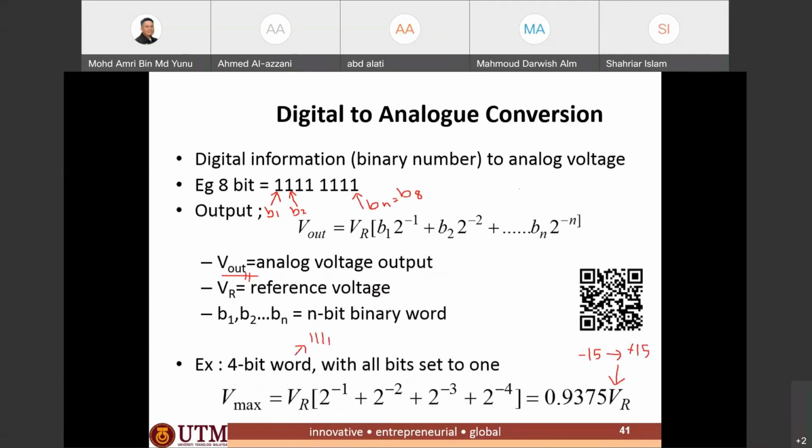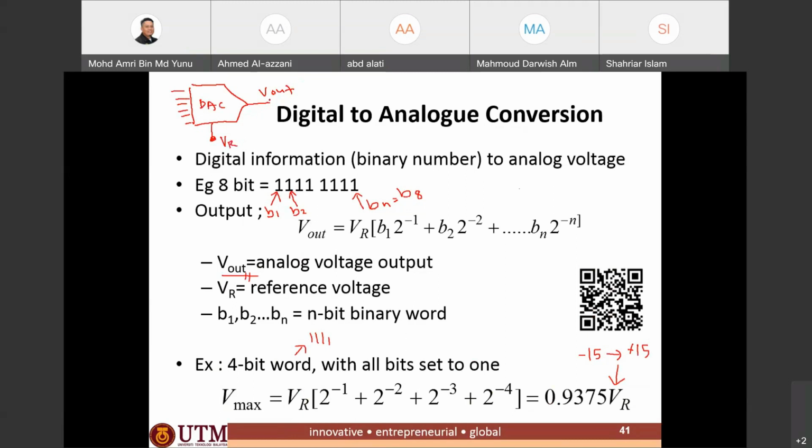Now we look into the concept of digital to analog conversion. The digital to analog conversion takes digital inputs to produce an analog output, and the DAC basically operates with a reference voltage.